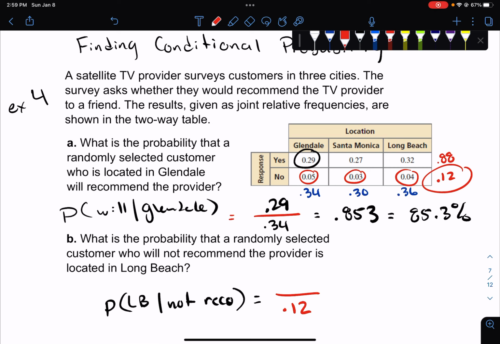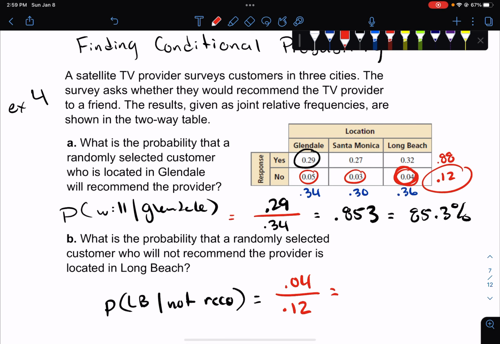We added those up, right? 0.12 is okay. So we're looking for the group that is from Long Beach and didn't respond, which is this 0.04, is what's going to go on top because they did both. And the 0.12 is my total.